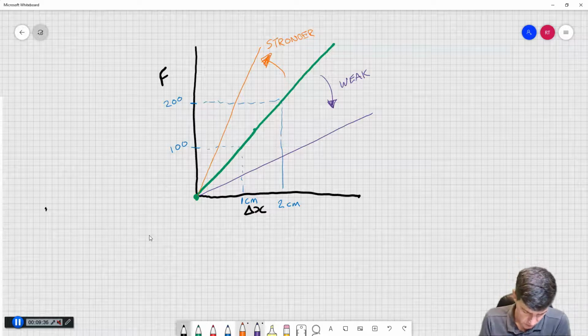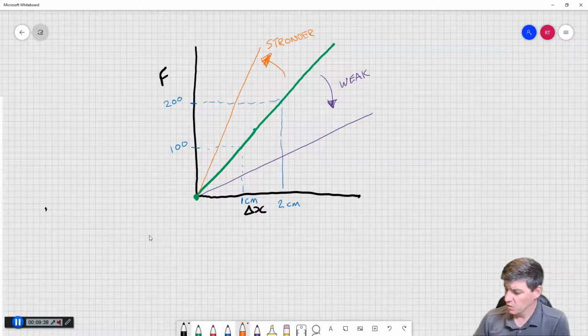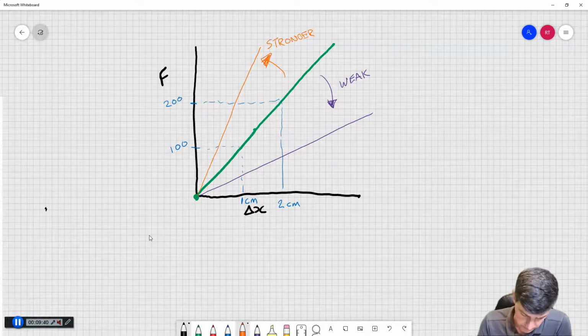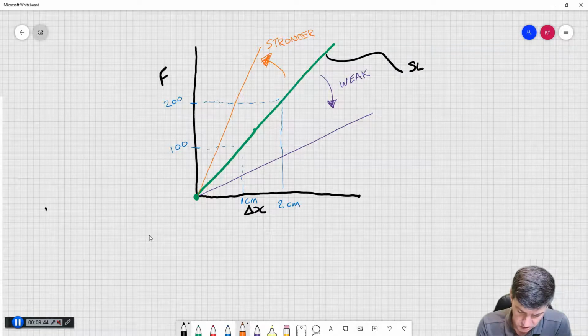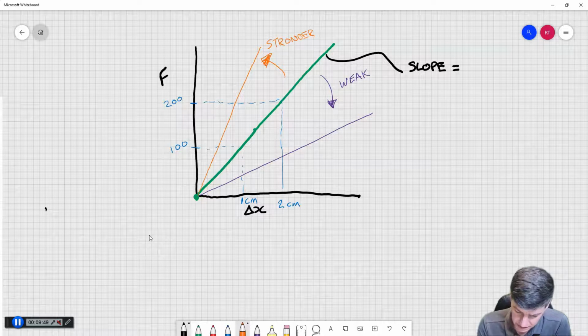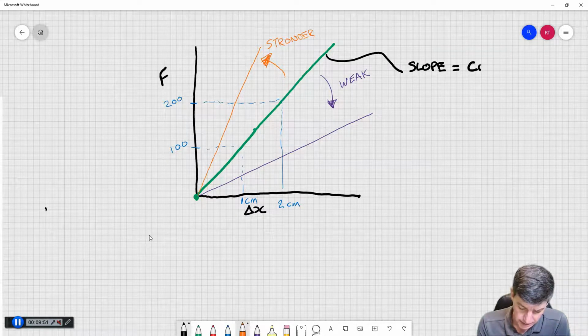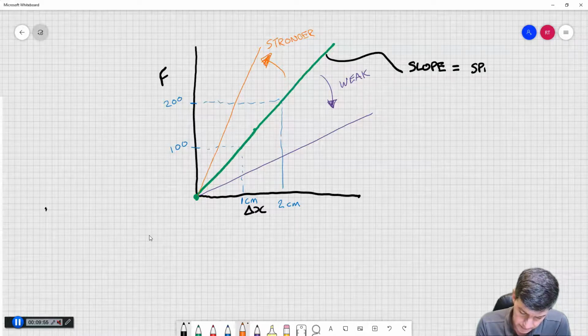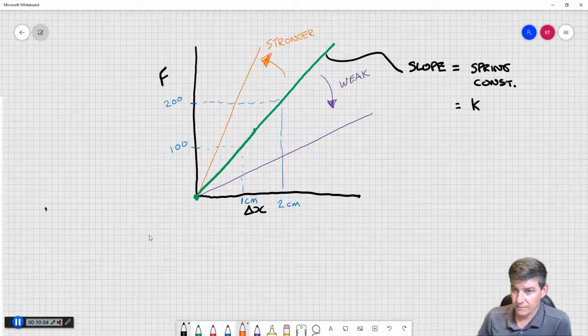Okay, and so we have a case where when we look at the spring, the slope of this line, or the steepness of that line, is going to be equal to what's known as my spring constant, and that we give the value or variable k.